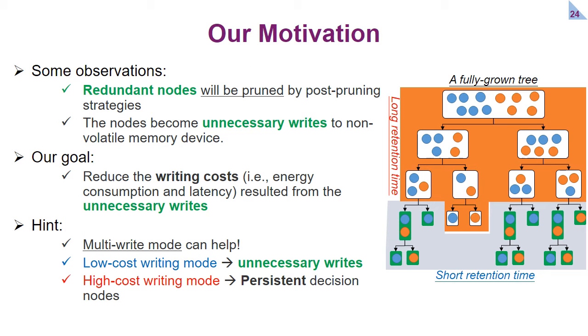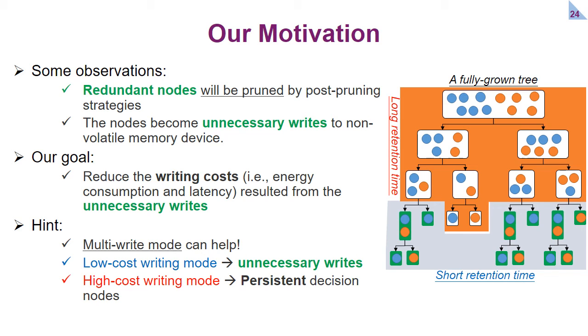Based on our observations, we find that the redundant nodes will be pruned by the post-pruning strategy, and those nodes become unnecessary writes to the non-volatile memory, because during the training process, data written to non-volatile memory are persistent. Therefore, our goal is to reduce the writing cost, including the energy consumption and the latency resulting from the unnecessary writes.